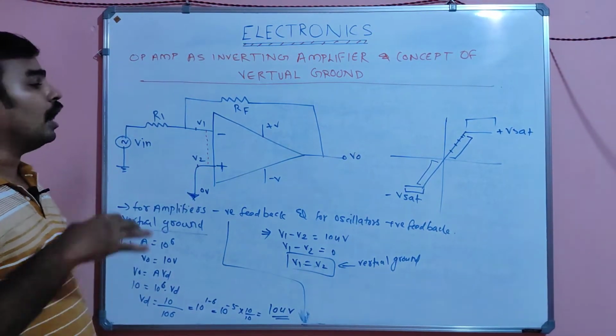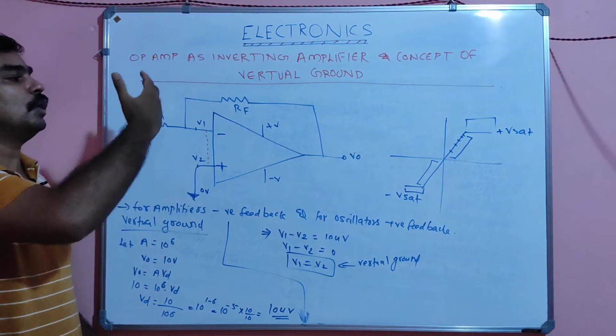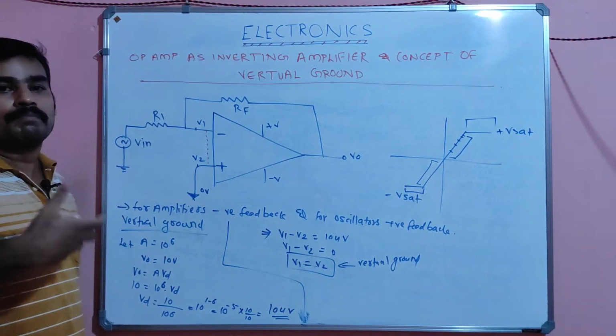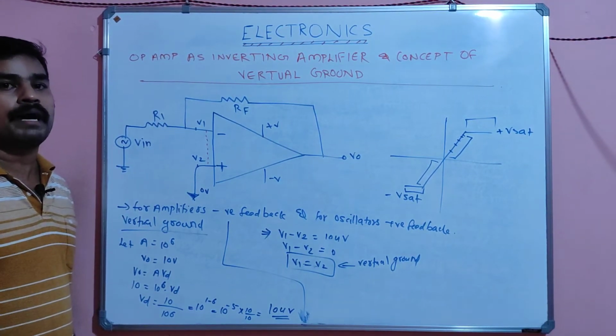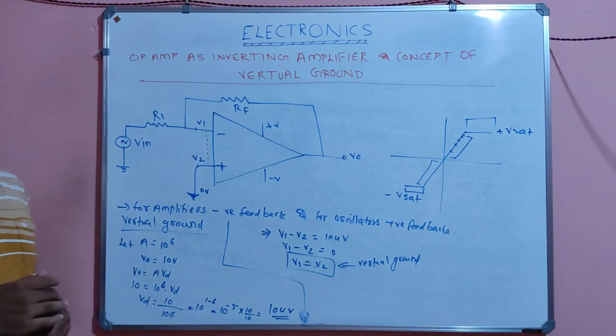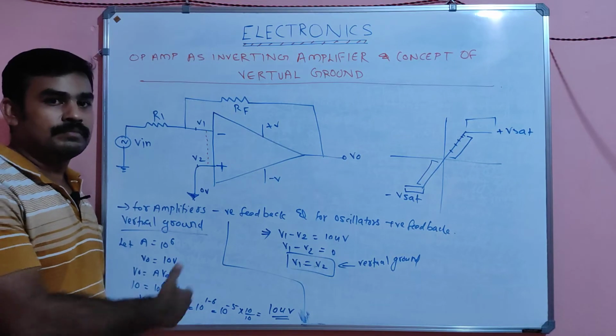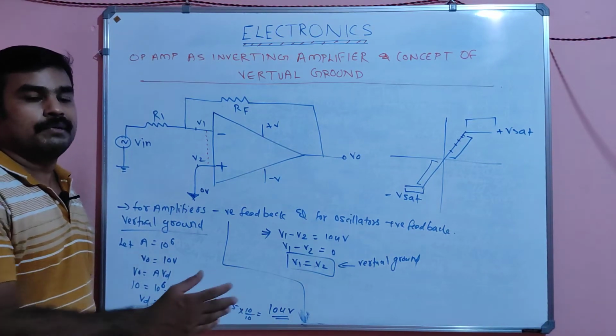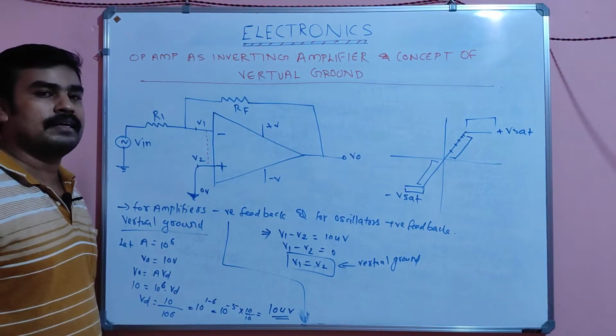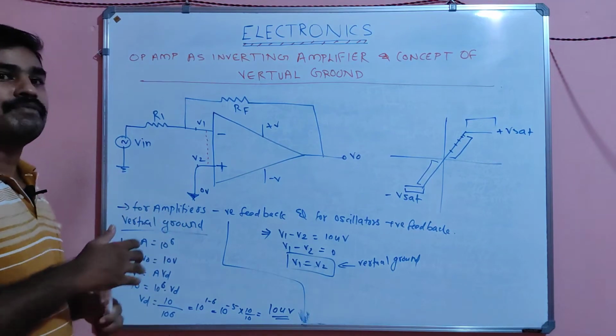That will make problems in op-amp much easier. I will do a problem in continuation with the class so that you can clearly understand the concept and how easily we can solve a problem.